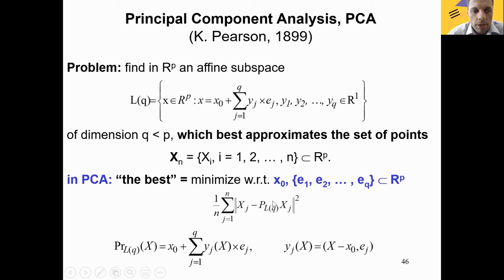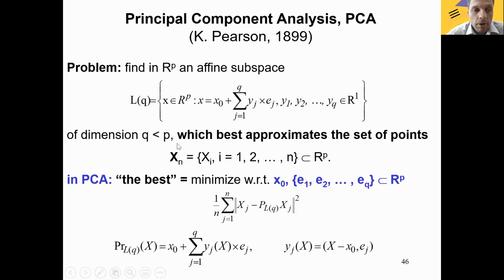And if we use this definition of the hyperplane and put it inside this sum of squared residuals, then we will obtain a simple expression which is the quadratic form, and the matrix of this quadratic form is exactly equal to the covariance matrix of these vectors.